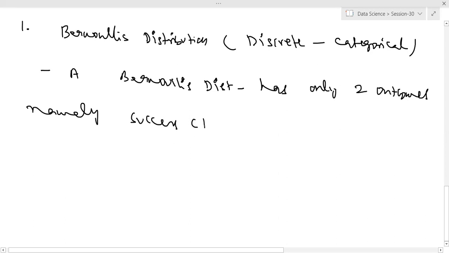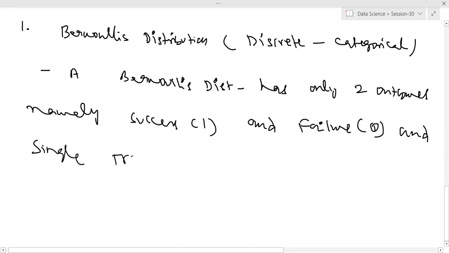Probability of success is referred to as 1, and failure 0, because we pretty much know that. And these particular 0 and 1 are related to a single trial. Single trial means we are performing some activity, and as a result of that activity we get either success or failure. This kind of distribution I can name as a probability distribution belonging to the Bernoulli.